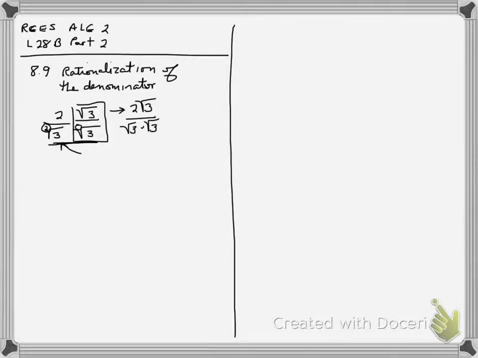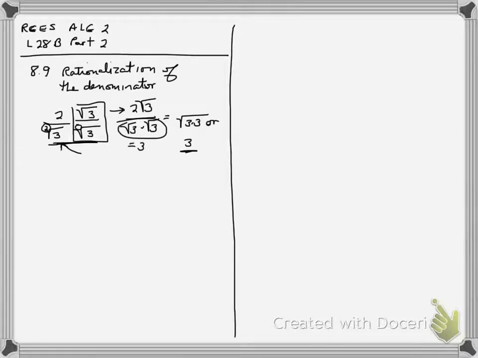Well, because these have the same index, that's the same as the square root of 3 times 3, or simply 3. Right? So this equals 3.